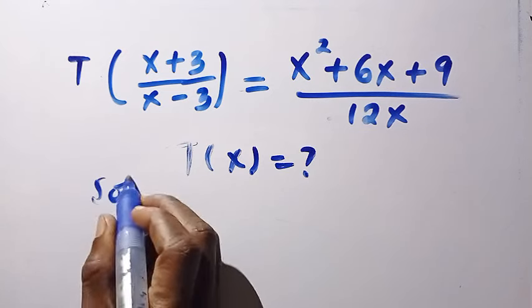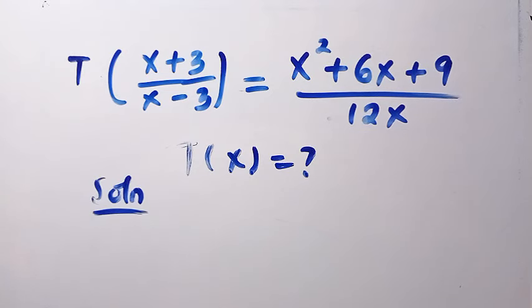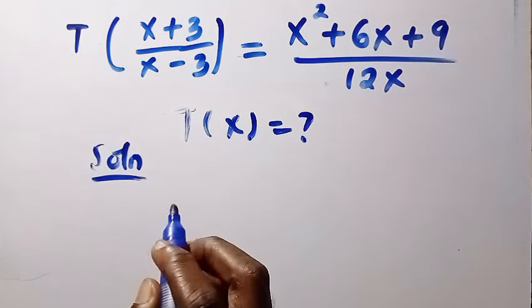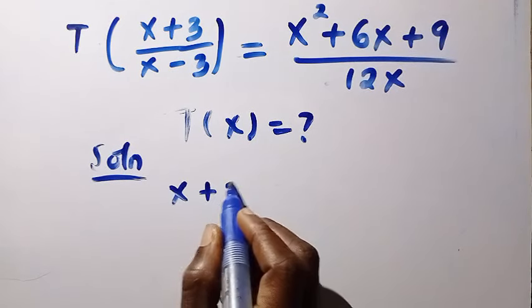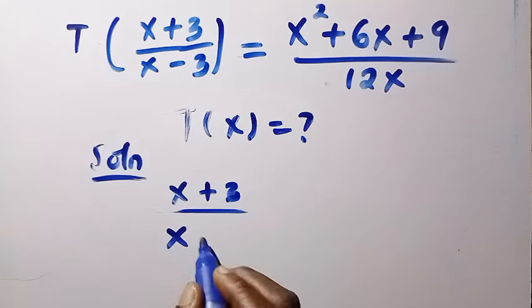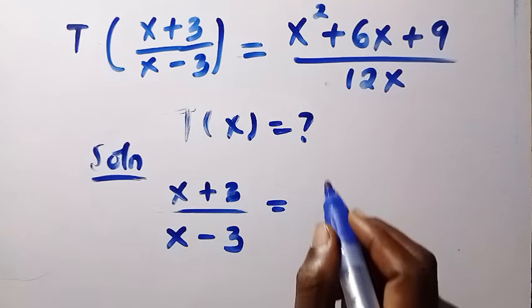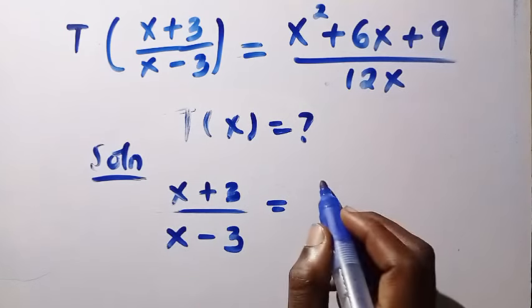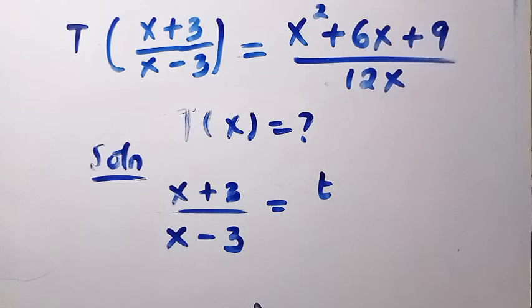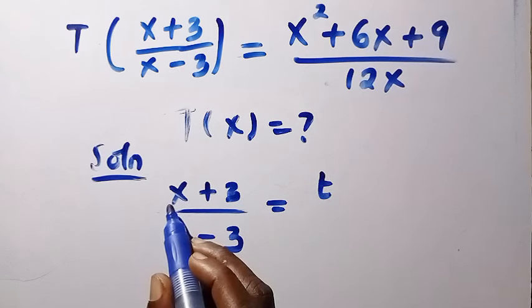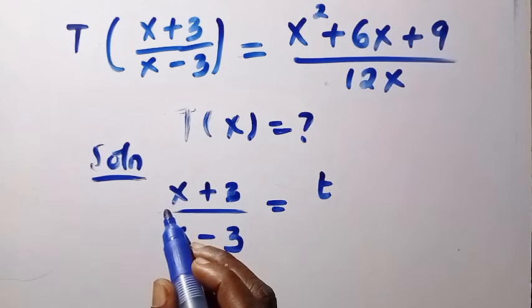If you consider the solution, we will apply the substitution method. Let's try and reduce x plus 3. If I let (x plus 3)/(x minus 3) equal another letter, let's say t, I'm going to make x the subject of the relation.